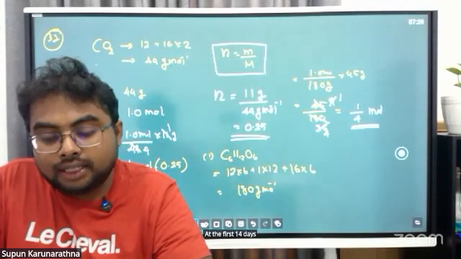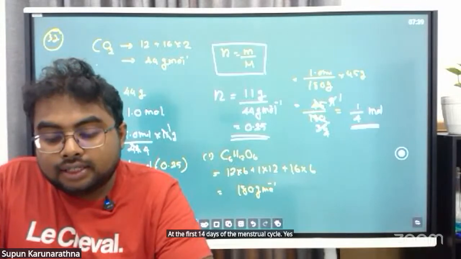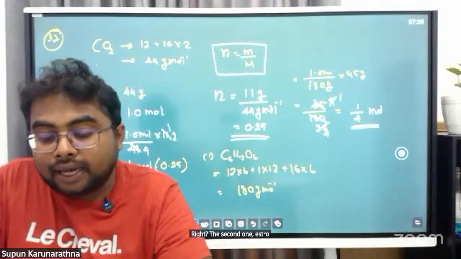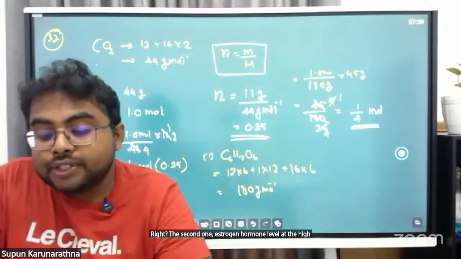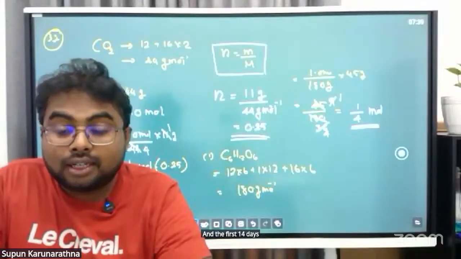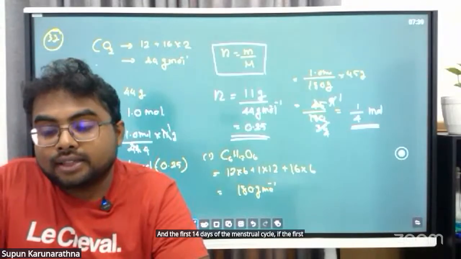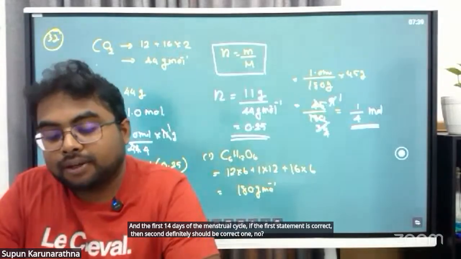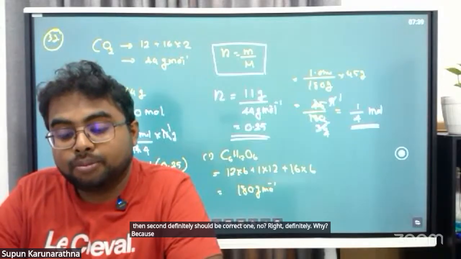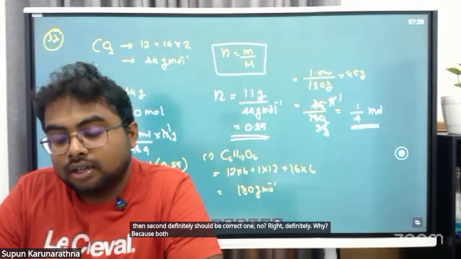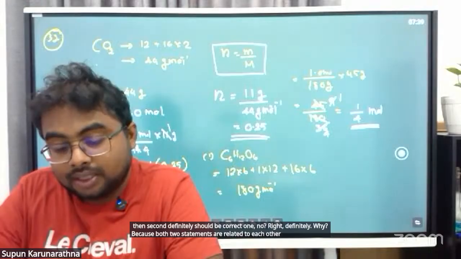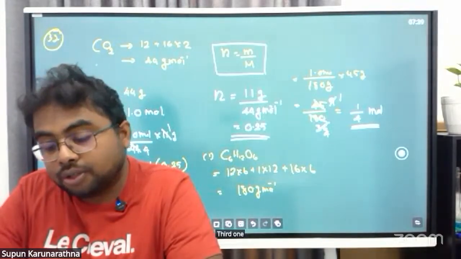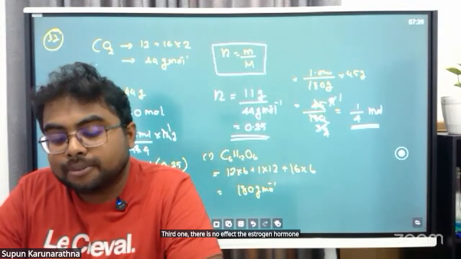If the first statement is correct, then the second should definitely be correct, because both statements are related to each other. Third one, there is no effect of the estrogen hormone. What do you think about this one?